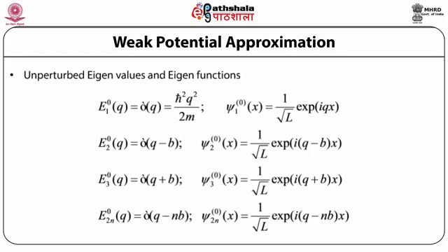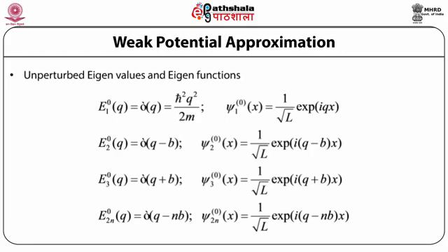Setting all the potential coefficients to 0 in the matrix above yields the unperturbed eigenvalues and eigenfunctions, and these are explicitly written in the following equations. You can see that the eigenvalue corresponding to the kinetic energy ħ²q²/2m has the corresponding eigenfunction 1/√L, which is normalized, times e^(iqx). Similarly, for the eigenvalue ħ²(q minus b)²/2m, we have the eigenfunction 1/√L e^(i(q minus b)x).